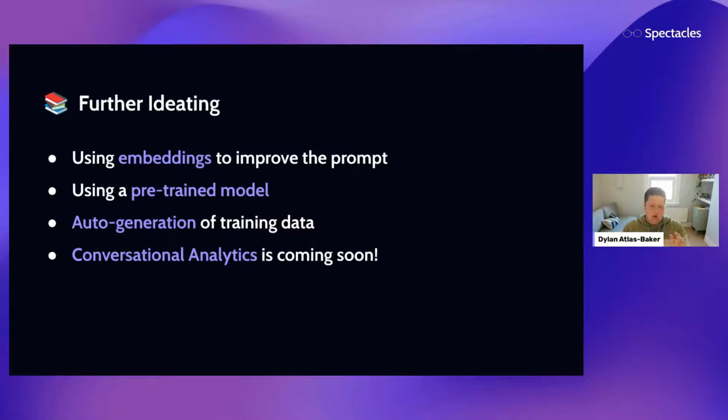So I can imagine a world where instead of loading all of the metadata or all of the examples from the Explorer, you use embeddings to only stuff in metadata and example training data that is most relevant to your question, which at a level of scale may be something that you need to do. And what's cool is you can generate embeddings in BigQuery now. So you could do all that natively with the existing infrastructure that we've just deployed.